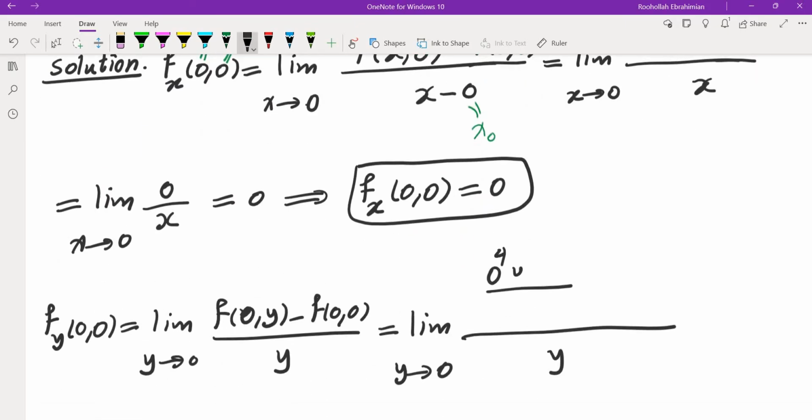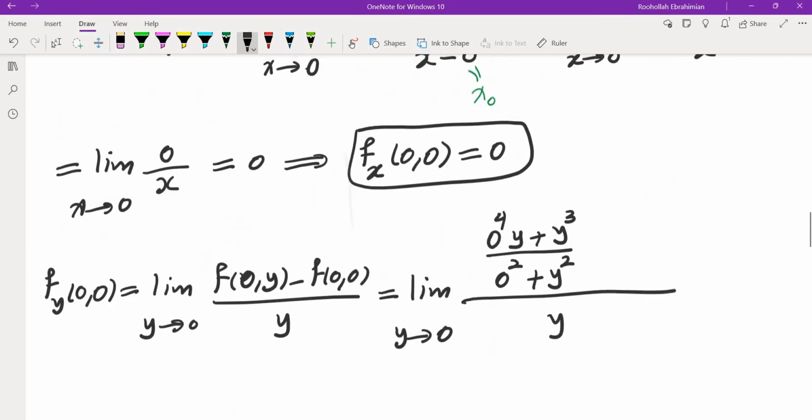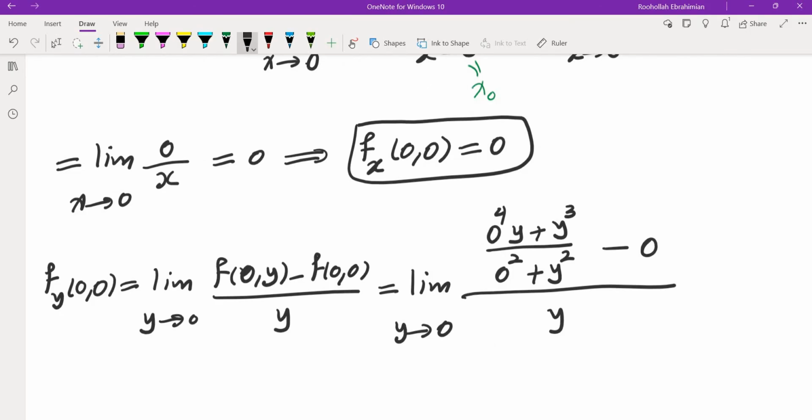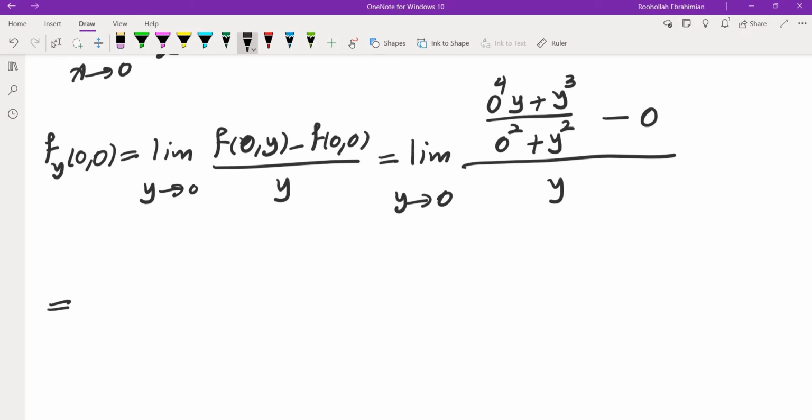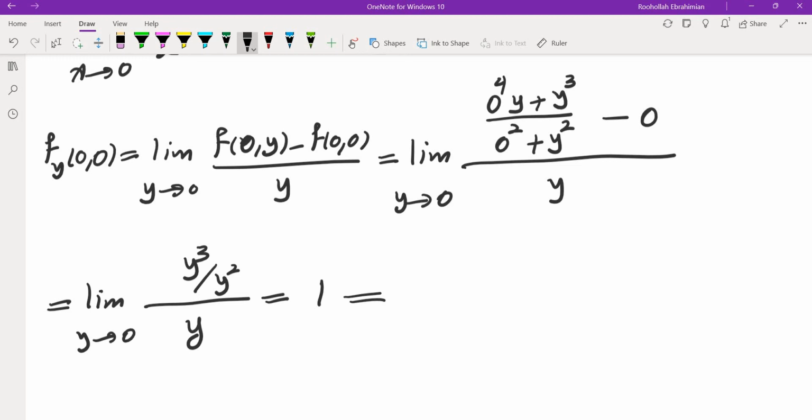So 0 to the fourth times y plus y cubed over 0 squared plus y squared. That's f of 0 comma y minus f of 0, 0, which is given as 0. And if we simplify that, we get the limit as y approaches 0. The first fraction is going to be y cubed over y squared divided by y, which is exactly 1. So f sub y of 0, 0 is going to be 1.